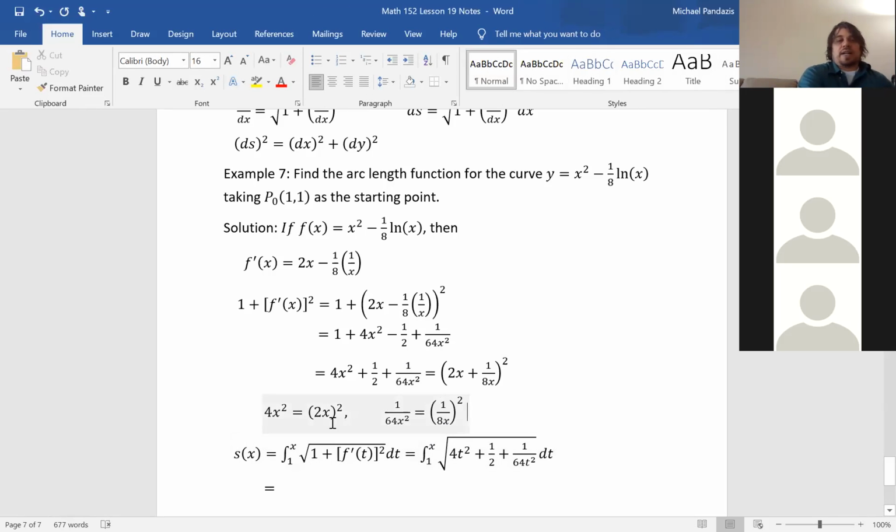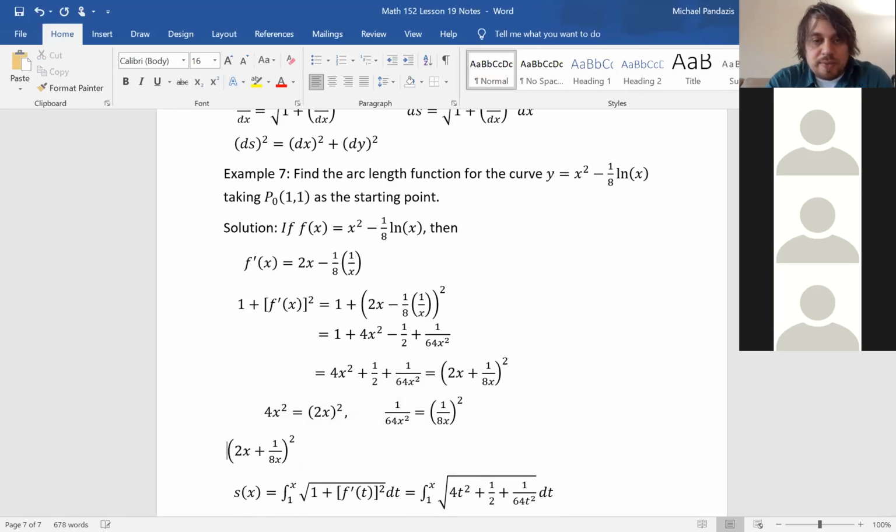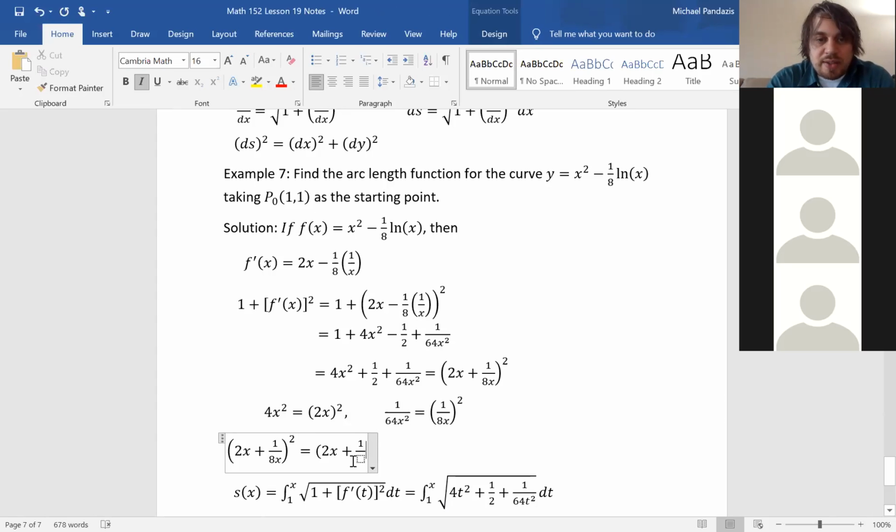So this term is this squared, and this term is that squared. If you get lucky, you could say that this plus this, squared, is equal to that. So you test it. You take the square root of this and add the square root of that and square it, and see if you get that. And the answer is you do. If you take this thing and square it, it's equal to 2x plus 1 over 8x times itself.